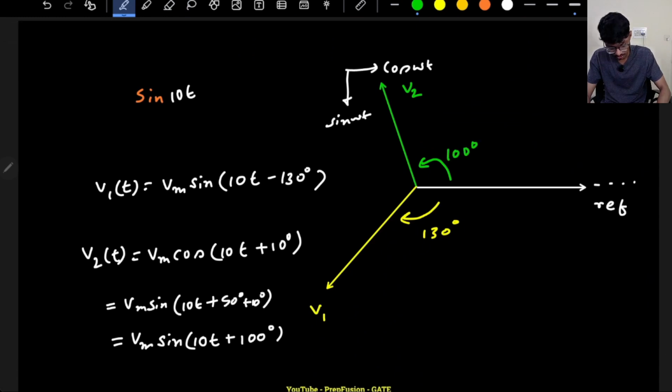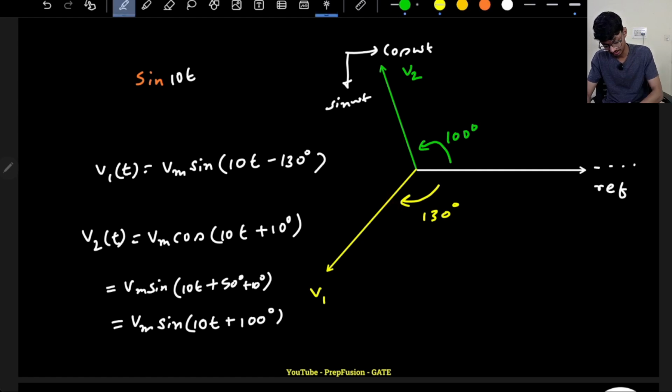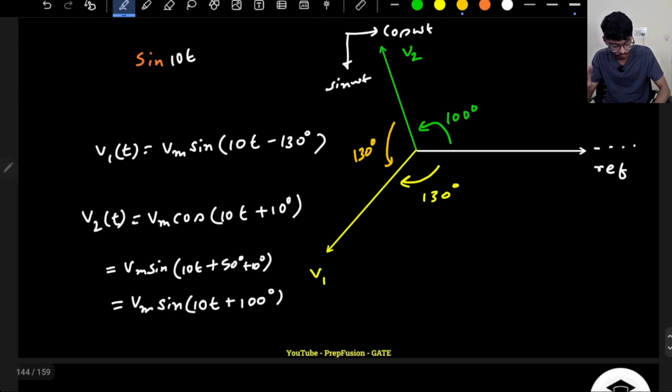So this is 100 degrees. Now if I start from V2 and move in the anti-clockwise direction, I am reaching V1 after how much angle? This is 130, this is 100, so 230 is gone. How much is left? 130. So this angle is 130. So from V2, if I move in the anti-clockwise direction, I am reaching V1 after 130 degrees.